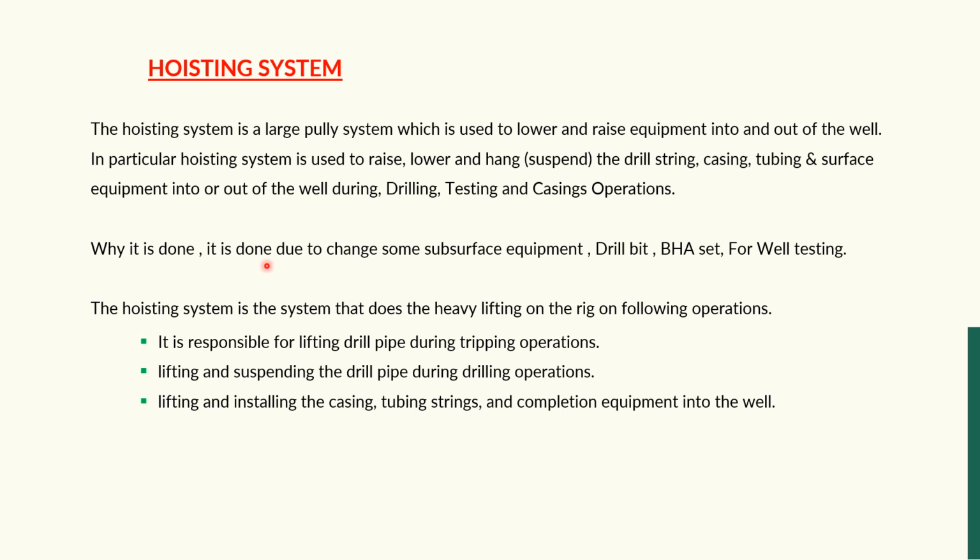Now let's see the definition. What I have written over here is: the hoisting system is a large pulley system which is used to lower and raise equipment into and out of the well. In particular, the hoisting system is used to raise, lower and hang the drill string, casing, tubing and surface equipment into and out of the well during drilling operation, testing operation and casing operations.